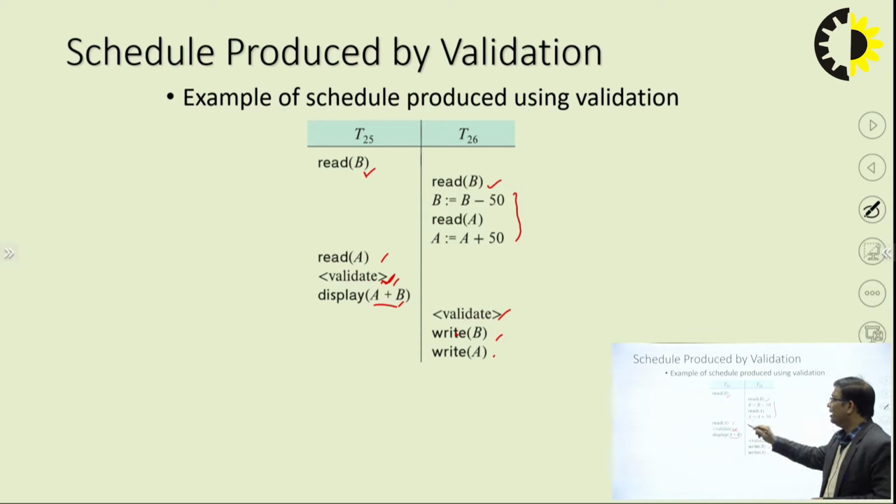Validation means it validated this particular transaction, changed the value of B and displayed it. It means the changed value of A plus the changed value of B has been displayed. Then validate, write B and write A. Then B and A are finally overwritten in the final transaction.